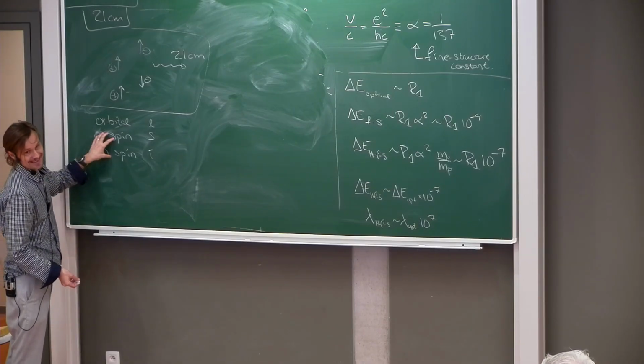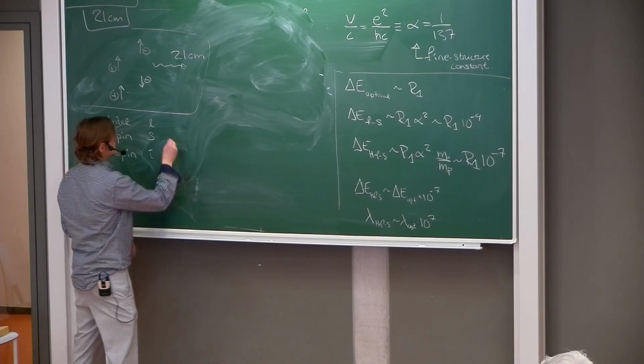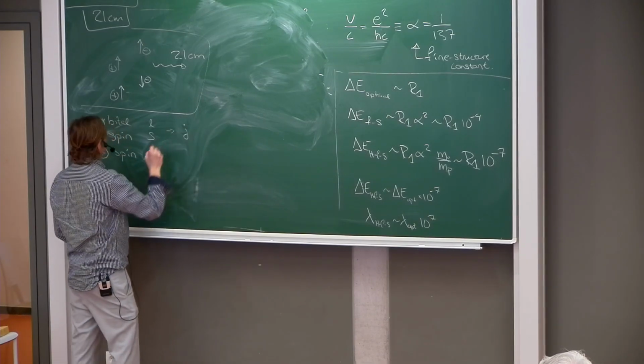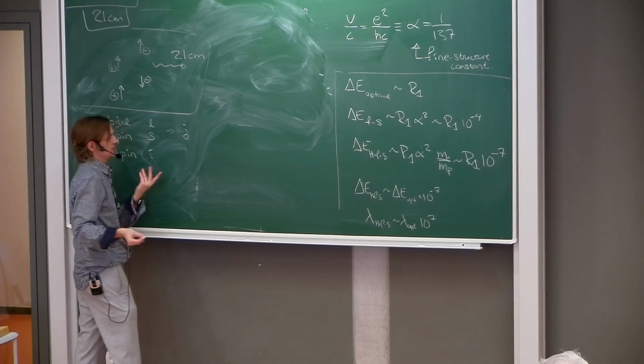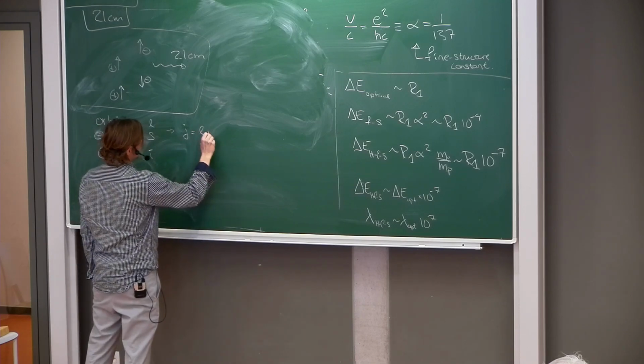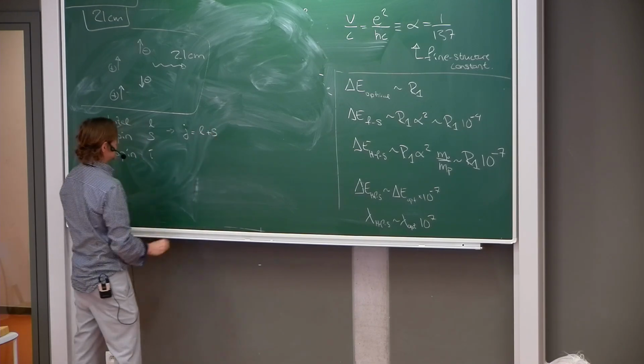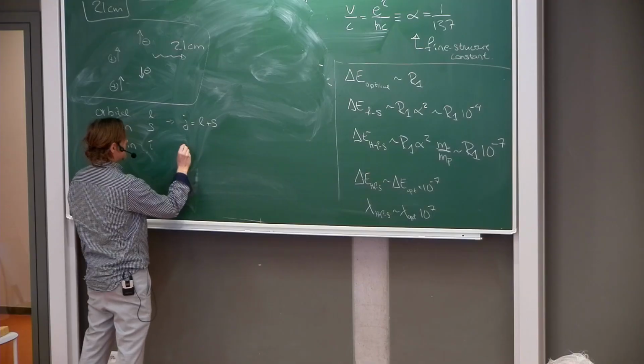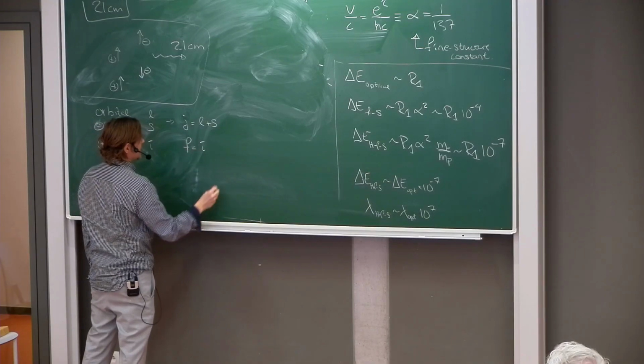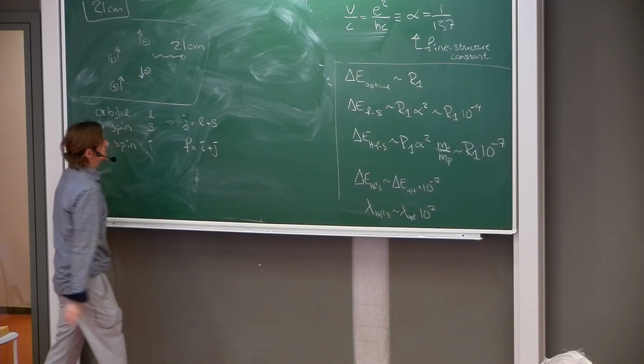It was just that we have neglected these so far. So often what you see is that the total orbital plus spin is denoted by J, which is L plus S, and this total is denoted by F, which is I plus J.